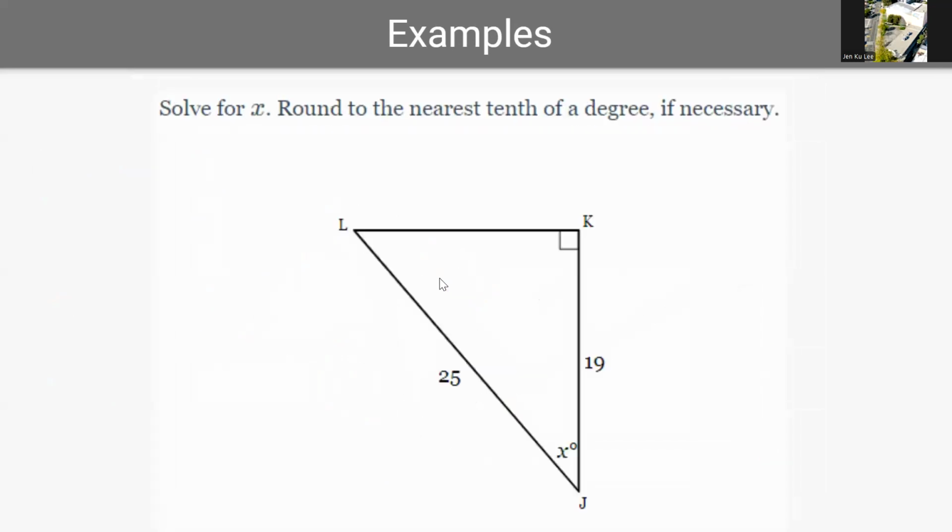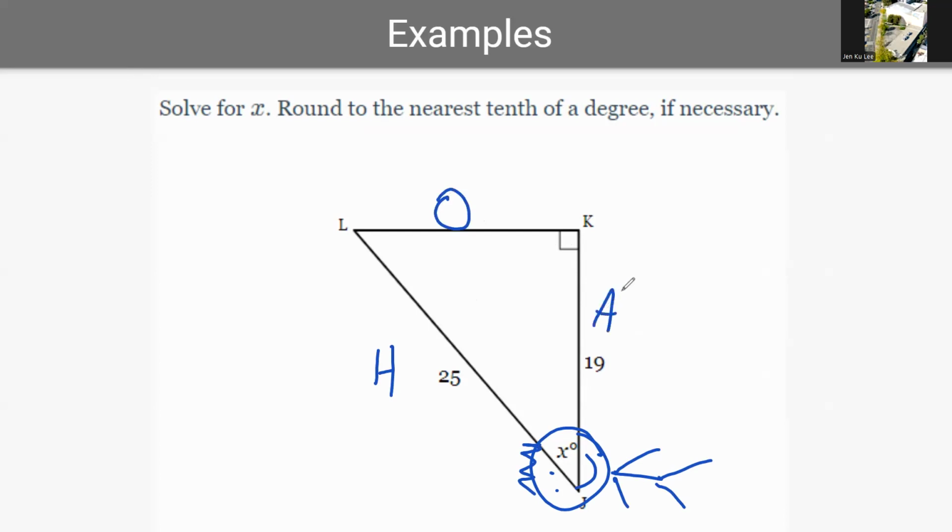Like this one. I don't know what angle this is, and I'm trying to figure it out. Opposite the 90-degree angle is your hypotenuse. Opposite the angle itself, angle J, is my opposite side.